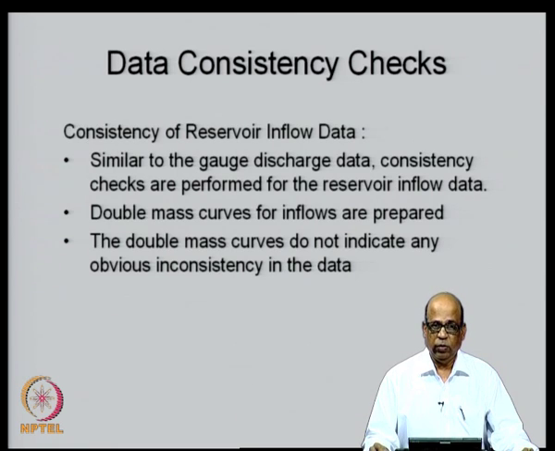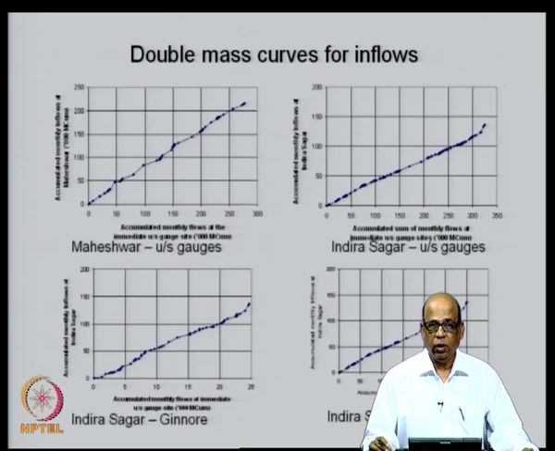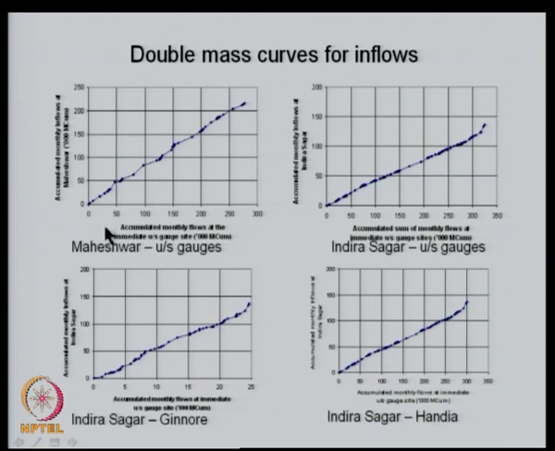For doing which, we will also use the double mass curves, and this is how the double mass curves look. For example, you are looking at the Maheshwar, all the upstream gauges of Maheshwar here, and then the accumulated flows at Maheshwar itself.